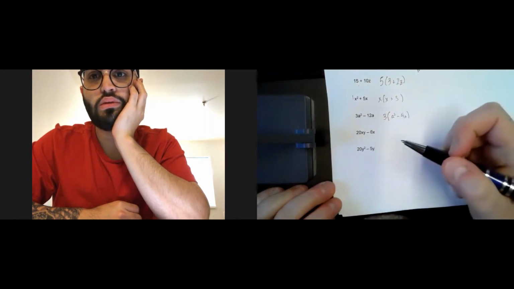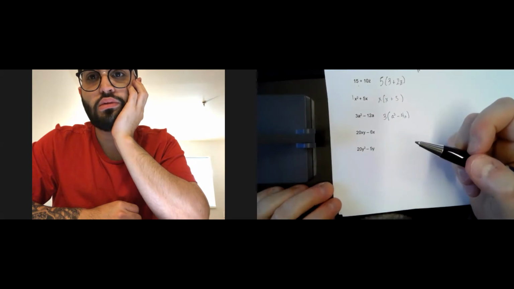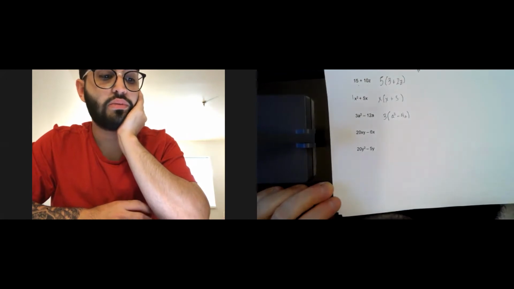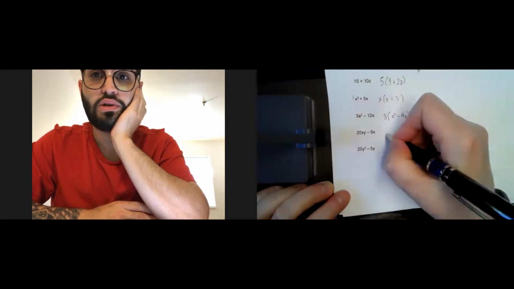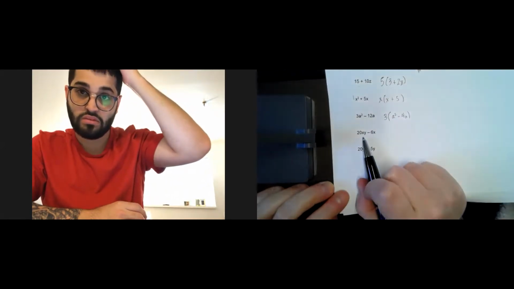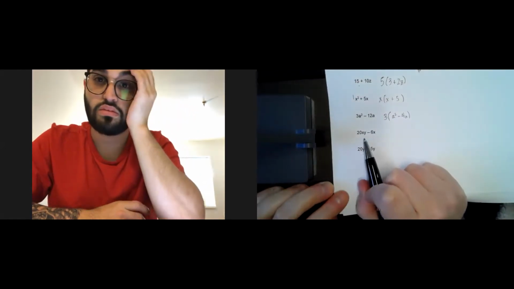And then 20 and 6. Oh wow. I would say a common factor can be 2. I don't know if the other one can be. It's going to have to be 2. Yeah. And we also have x's on both sides.